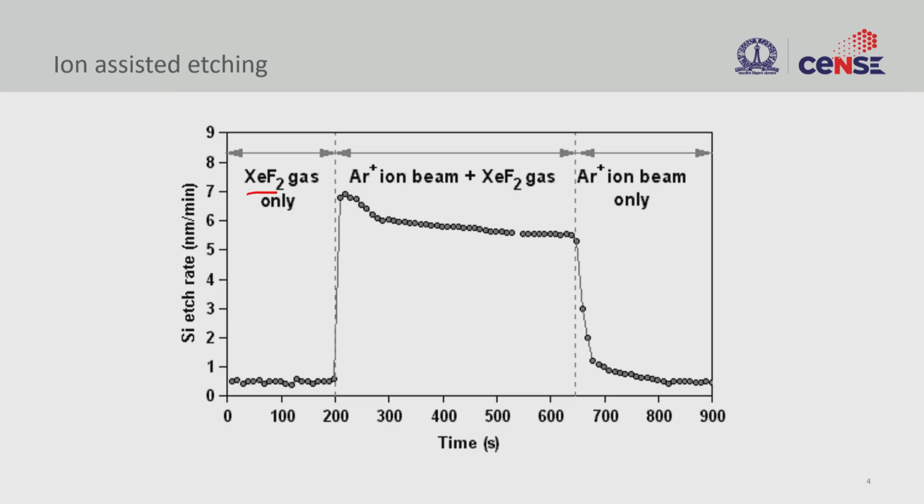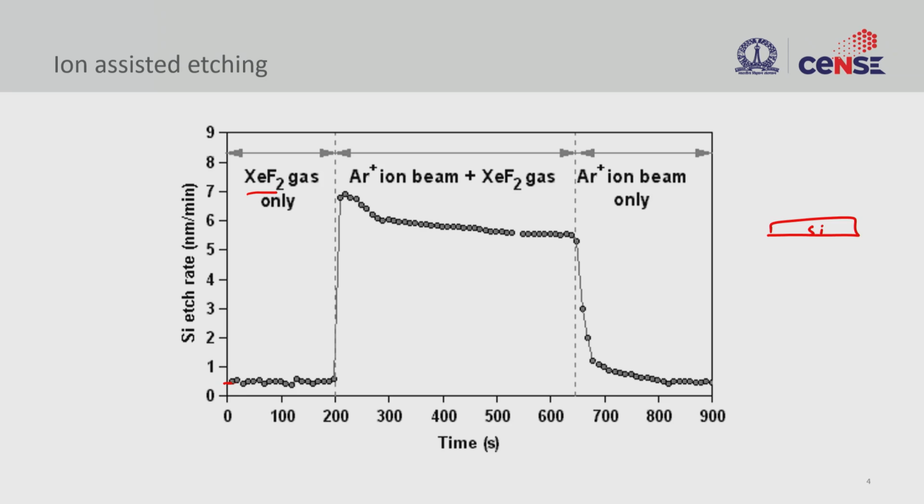It is known xenon fluoride will etch silicon, but when you just flow xenon fluoride on silicon, the etch rate is almost nothing. No considerable etch is observed when you pass xenon fluoride.